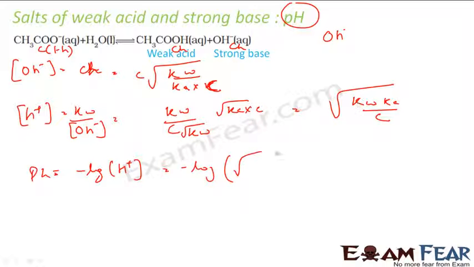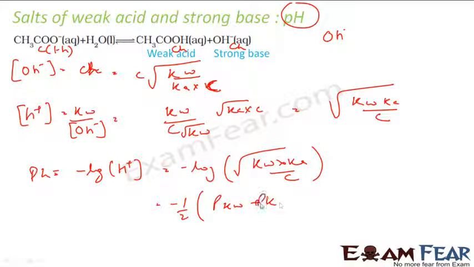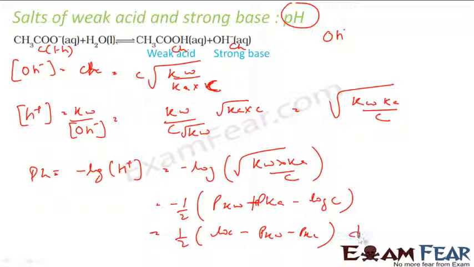That is minus log of root of Kw Ka by C. Taking the 1 by 2 out, and removing the minus part, you get pH equals 1 by 2 into pKw plus pKa plus log C. That is what you get.